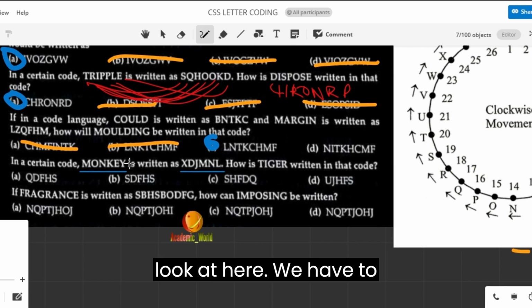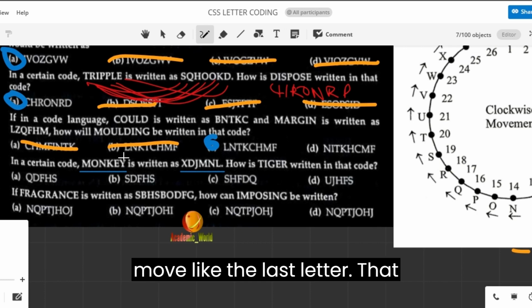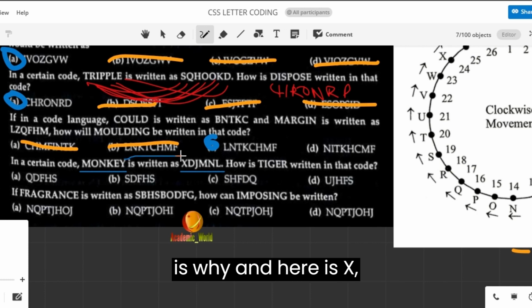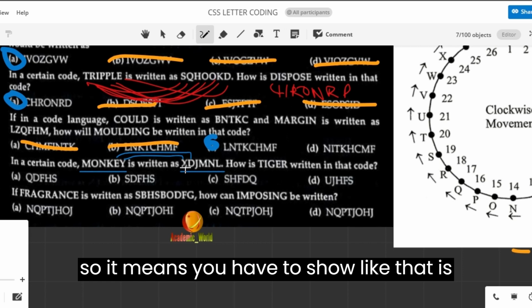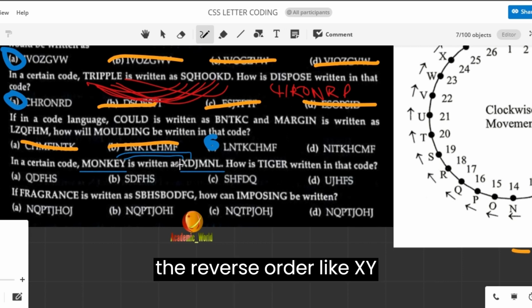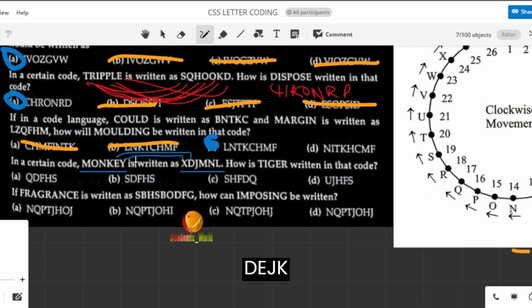We have to move the last letter, Y, and here is X, here is E, here is D. So you have to show it in reverse order, like X, Y, D, E, J, K, M, N, N, O, L, M.